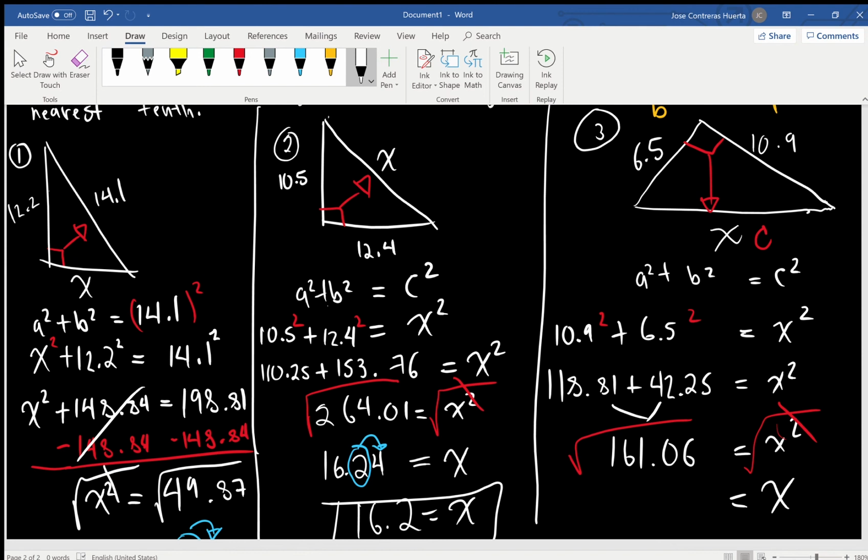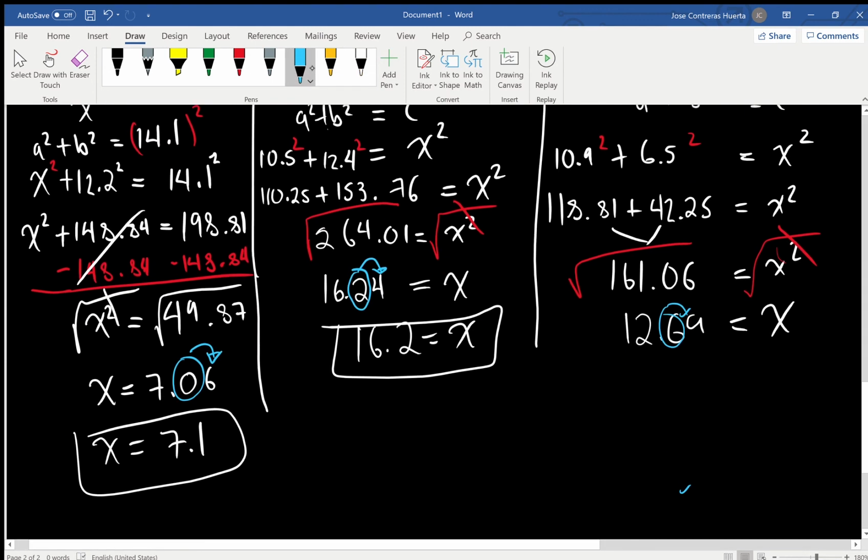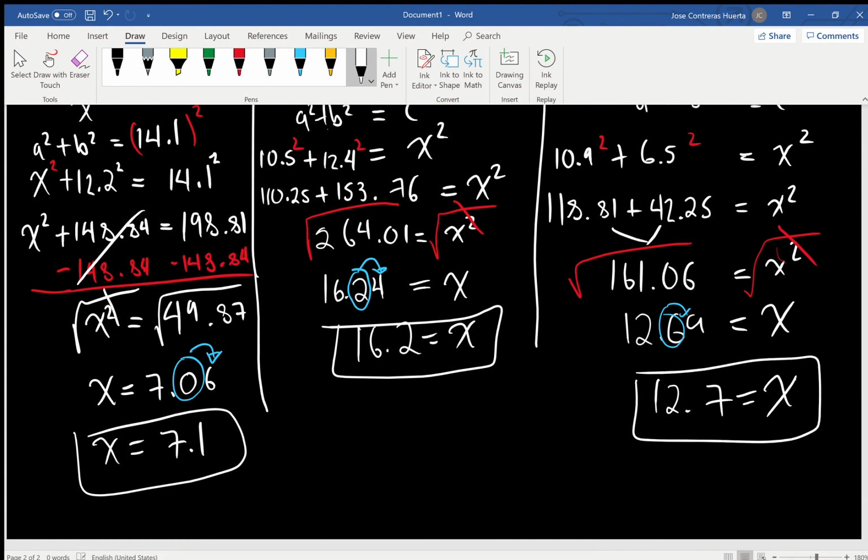Anyways, the answer for this, when you take the square root, is 12.69. And your last step is to round. So that's going to give me 12.7 is equal to my x.